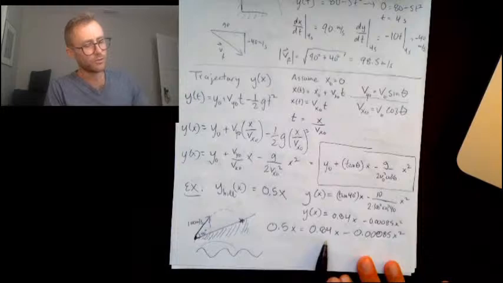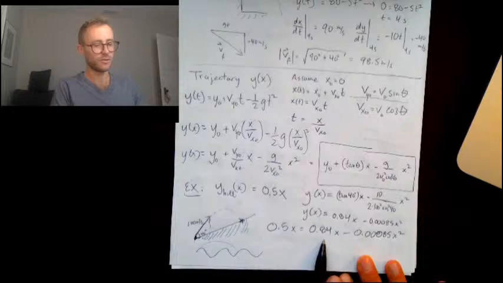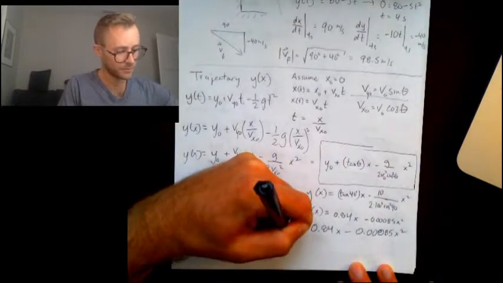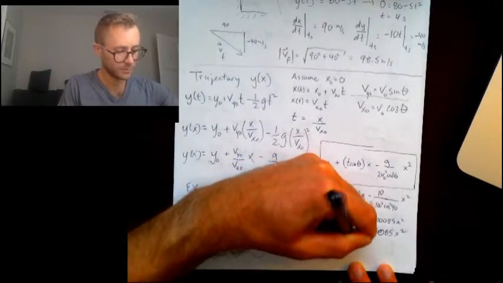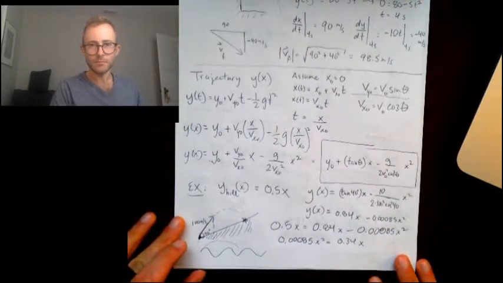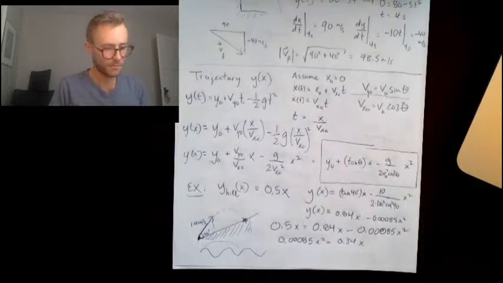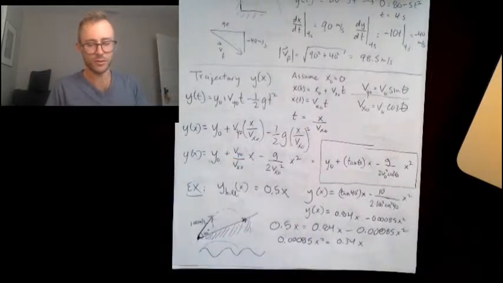Okay, so what I'm going to do is subtract the 0.5x over to the other side, and add this one over to the other side. Then we can divide both sides by 0.00085.